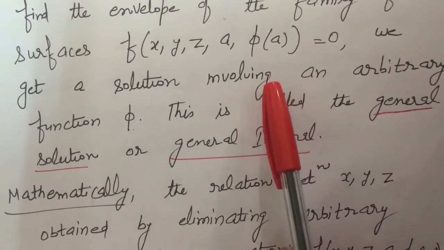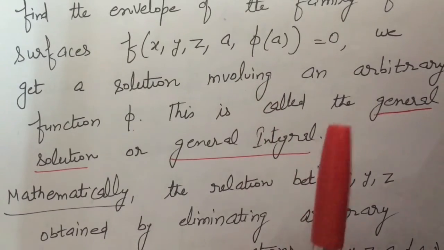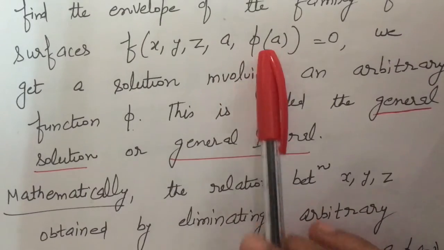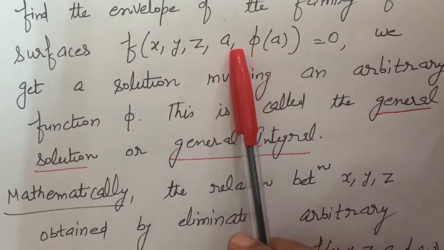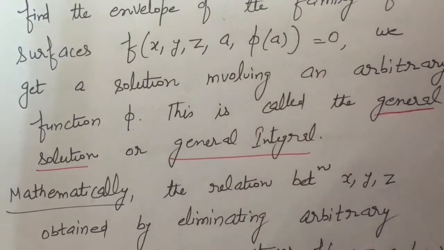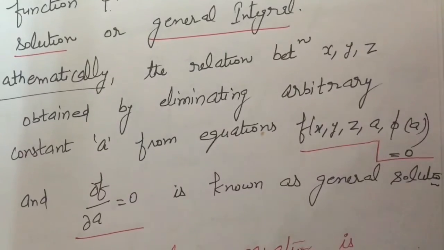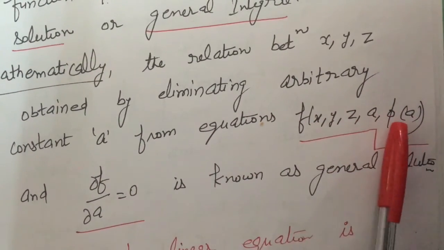The main difference between the complete integral and the general integral is that the complete integral has 2 arbitrary constants a and b, while the general solution has only one arbitrary constant and one arbitrary function. Now mathematically, to find the general solution, we have to remove the arbitrary function phi.